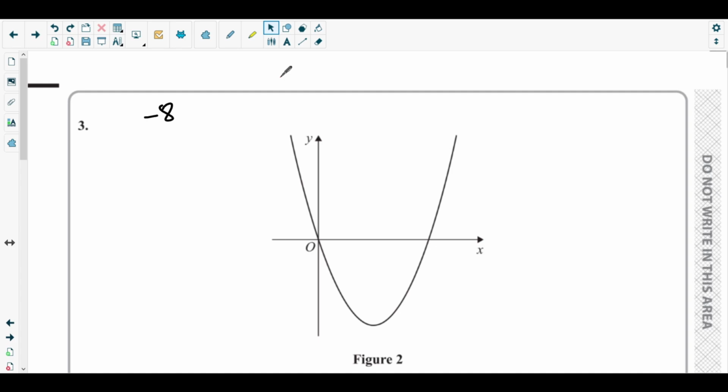The part that was below the x-axis will now be above the x-axis. So the curve of the modulus of f of x will be like this, because no negative y values are possible now, all will become positive. That's why we have the f of x whole modulus graph like this.